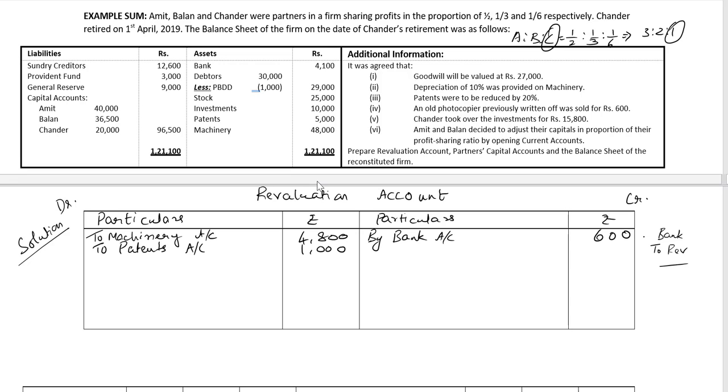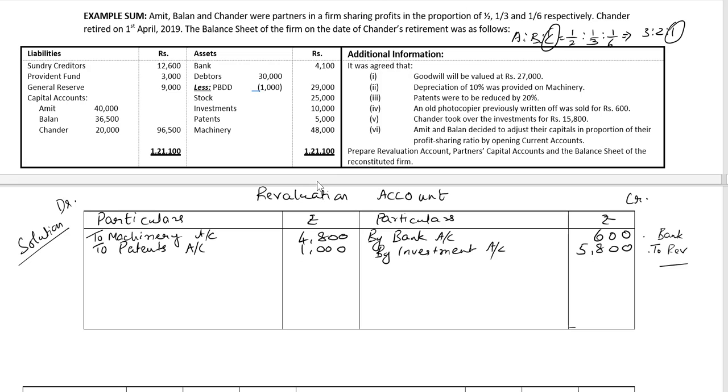The book value of the investments is 10,000. It is valued at 15,800 before Chandar takes it over. So we increase the value of investments by investments account 5,800 rupees. The sixth point is about the adjustment of capital.